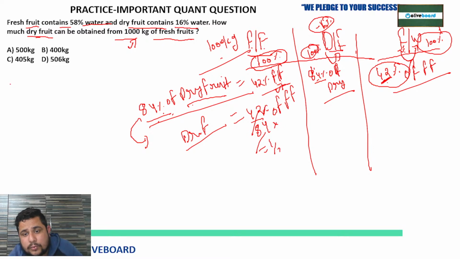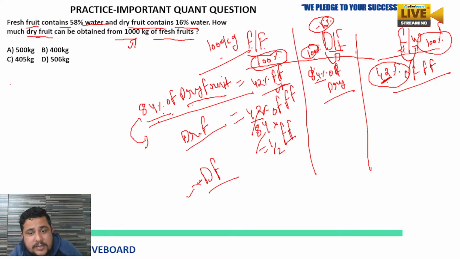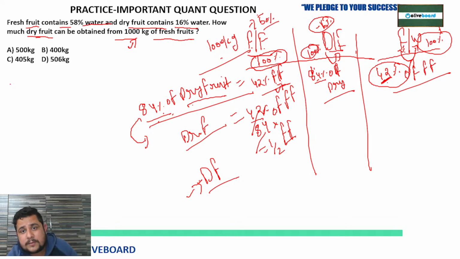Now 1 by 2. Okay, means half the quantity of fresh fruit is equal to dry fruit. Means from 100% of fresh fruit, how much dry fruit can be taken out? So 50% of the total.